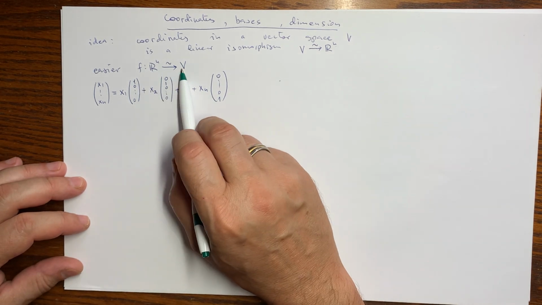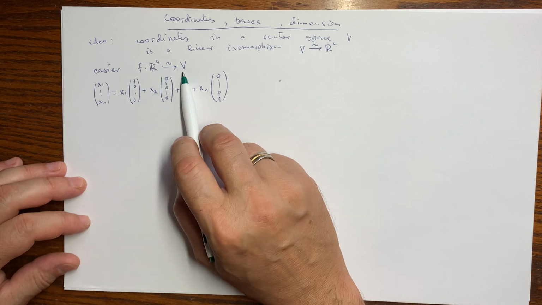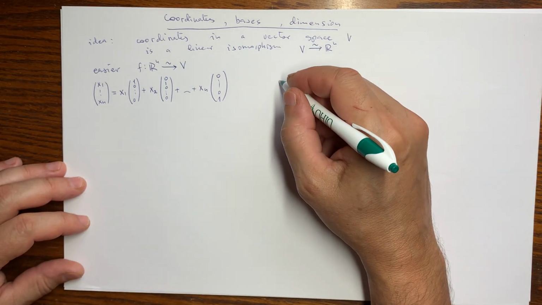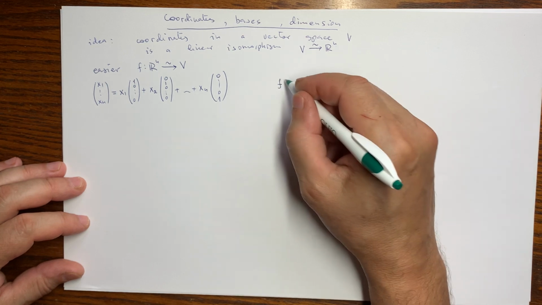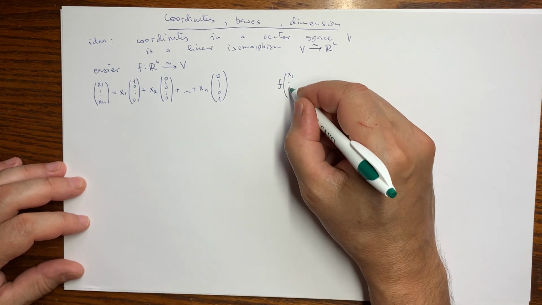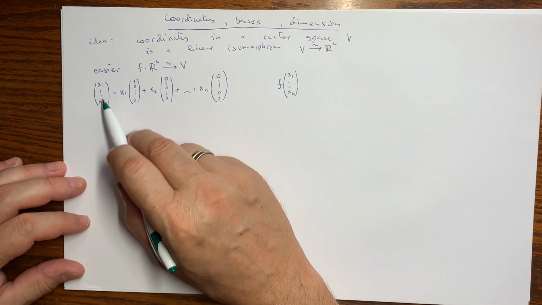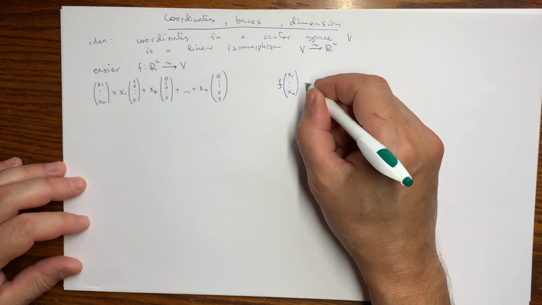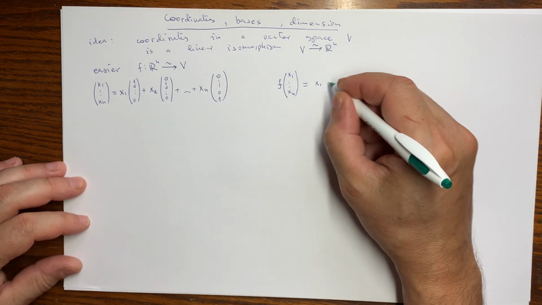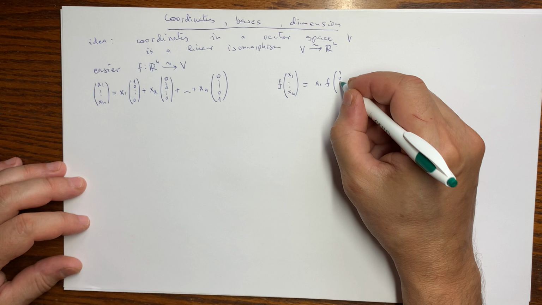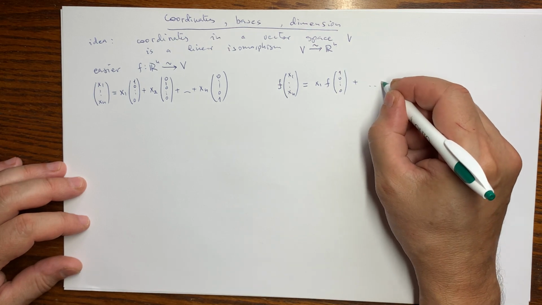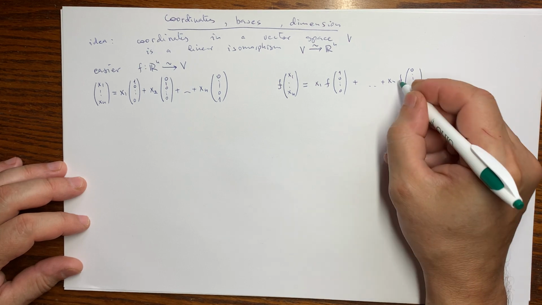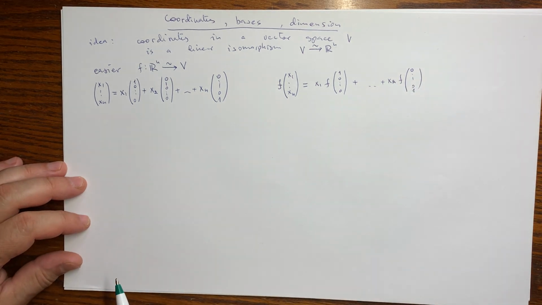Now if we have an isomorphism between the coordinate vector space and some other interesting vector space, what happens is that the value on an arbitrary vector, because f is linear, we can write as a linear combination of the values on coordinate basic vectors.